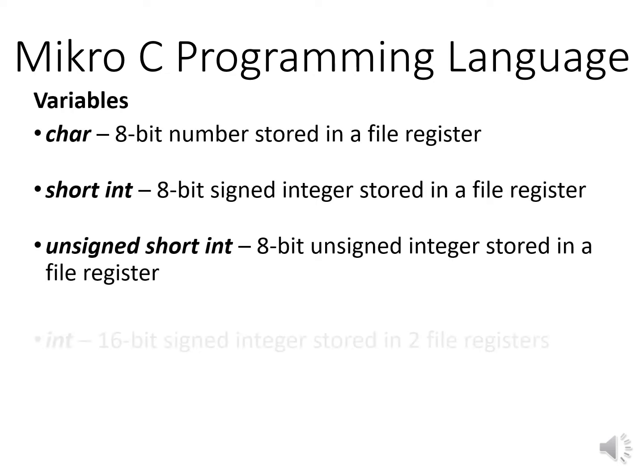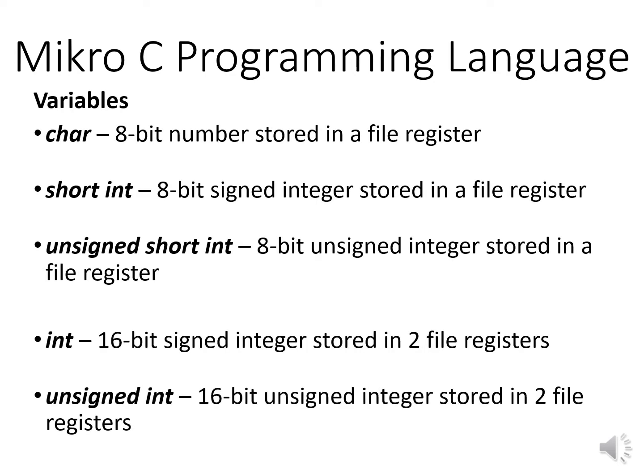Now let's look at the types of variables that are found in Mikro C programming language. The variables char, short int, and unsigned short int are 8-bit numbers. Therefore, they are stored in a single file register. Remember, the file registers are 8-bit storage locations.